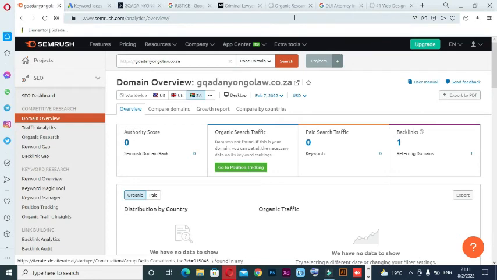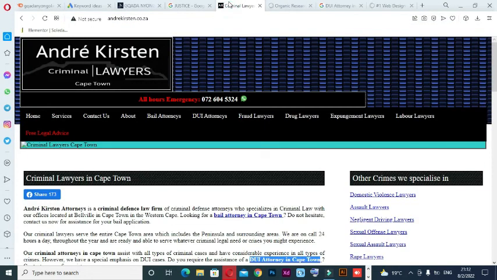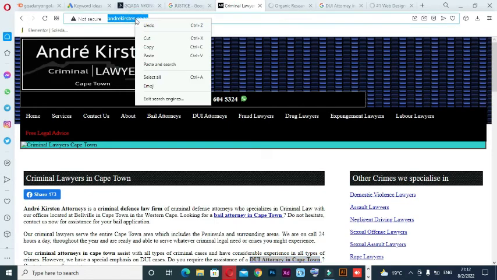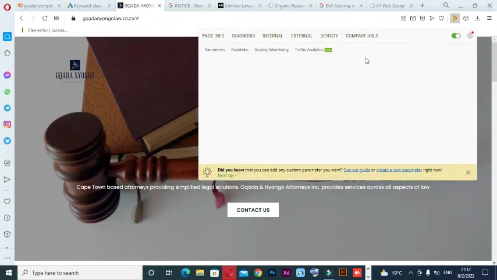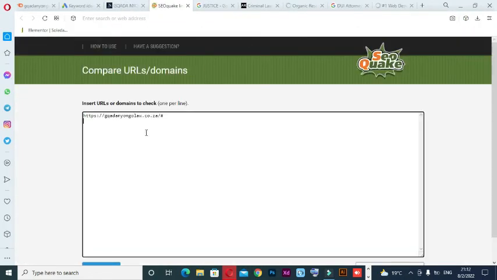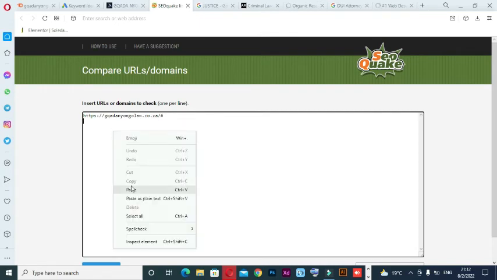So my final conclusion would be from SEMrush. But before I give the final conclusion, let's just for interest's sake do a comparison of these two to see the gap in between.